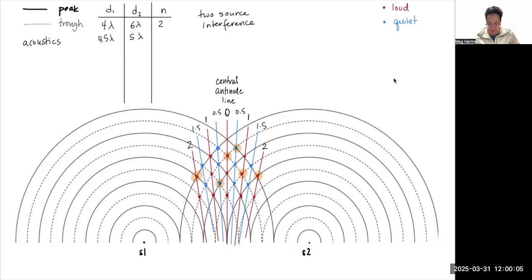All right, here, 1, 2, 3, 4, 5.5 from speaker 1. 1, 2, 3, 4, 5.5 from speaker 2. And I'm on line number 0.